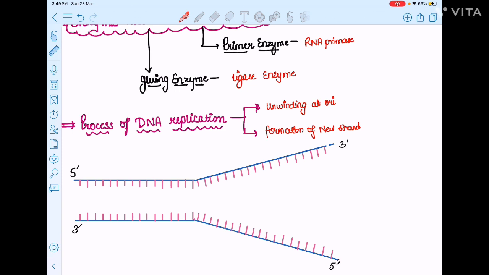In the previous video, I told you that the hydrogen bond between adenine and thymine is weaker than that of cytosine and guanine. Suppose here is a bond between adenine and thymine. This bond is easier to break by the DNA helicase enzyme, so it will start working here to open the DNA. This sequence is known as the origin of replication because it is the easiest part to separate the DNA strands.